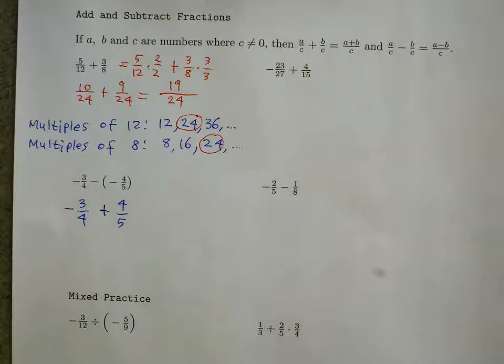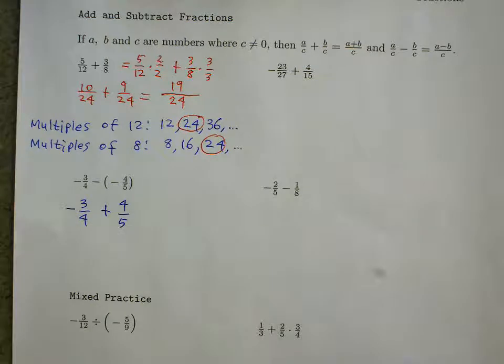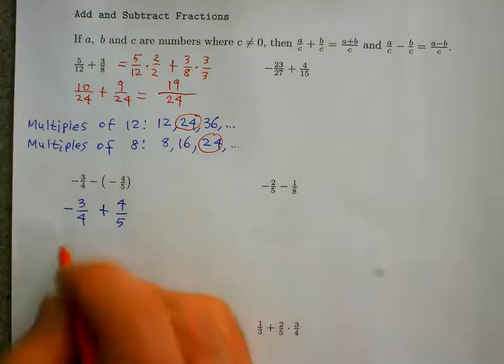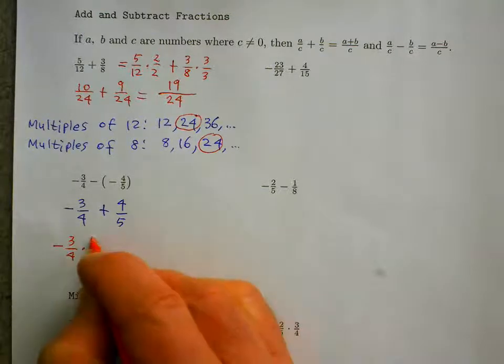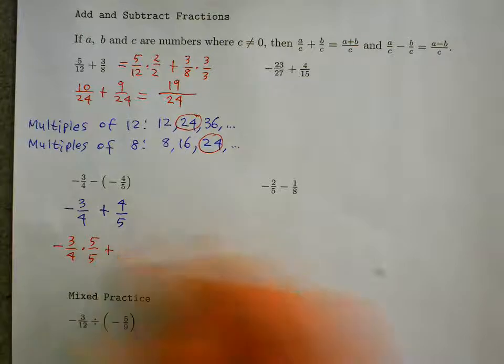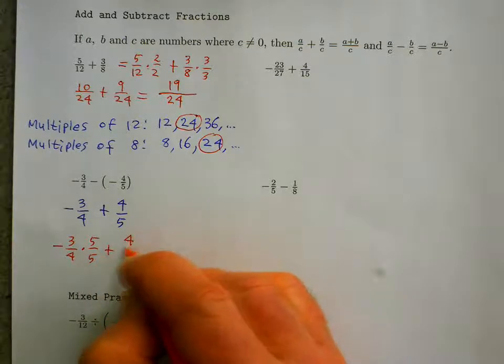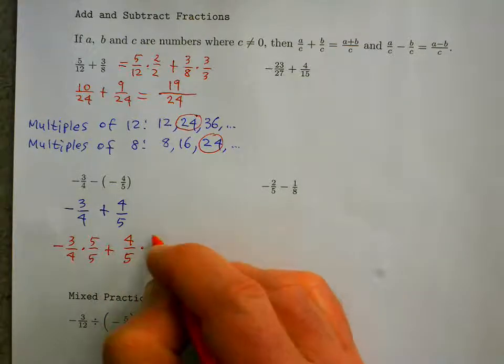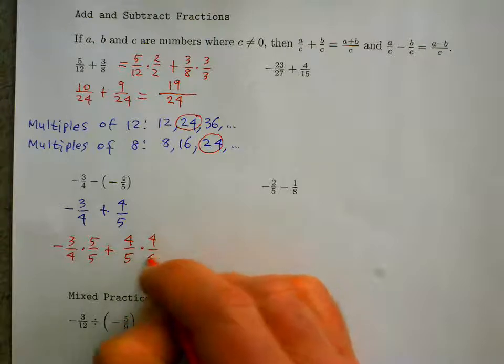And the least common multiple of 4 and 5 is 20. 4 times 5 is 20, and 5 times 4 is 20. So we want to multiply 3/4 by 1 in the form 5 over 5. And we want to multiply 4/5 by 1 in the form 4 over 4.